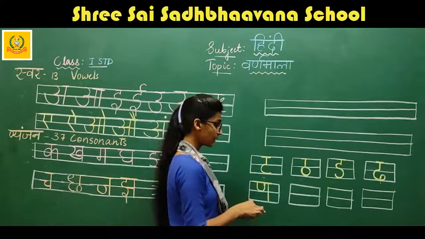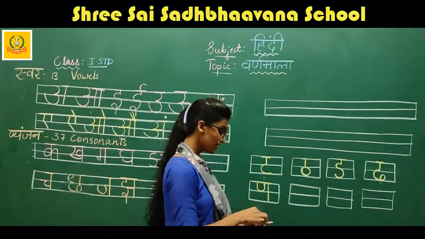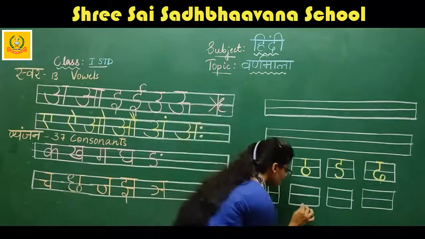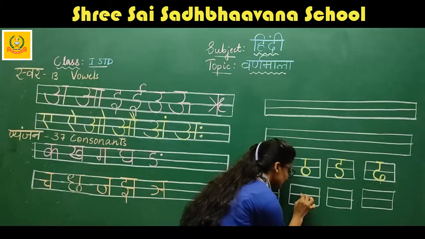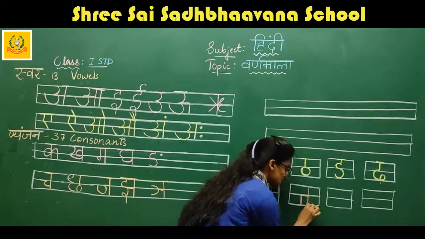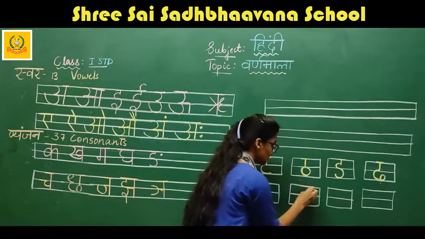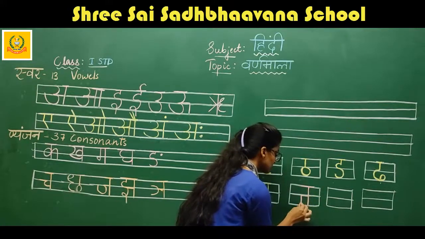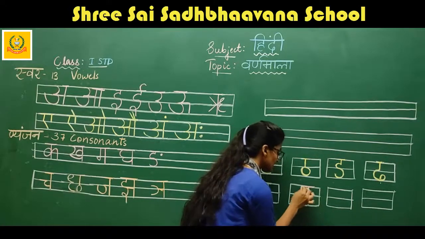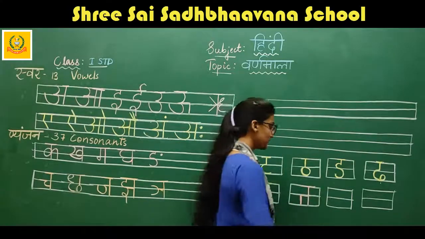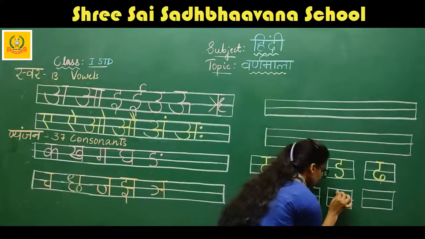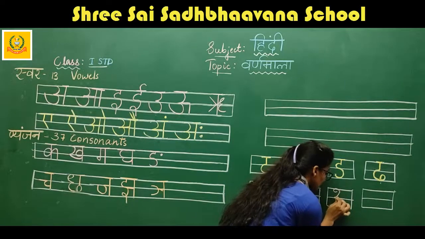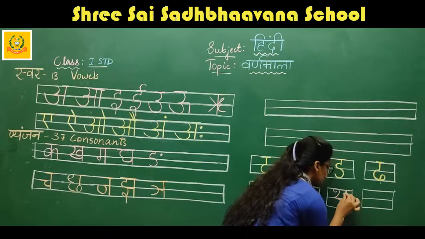Next, tha. How to write tha? First, standing line, sleeping line, standing line, and sleeping line. This is tha. Next, tha.